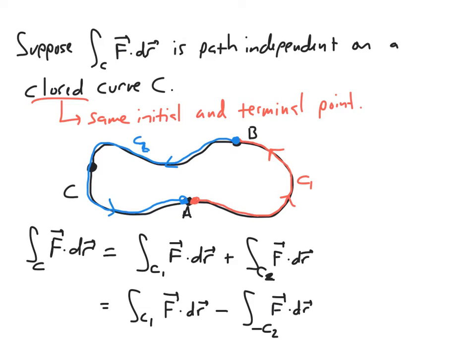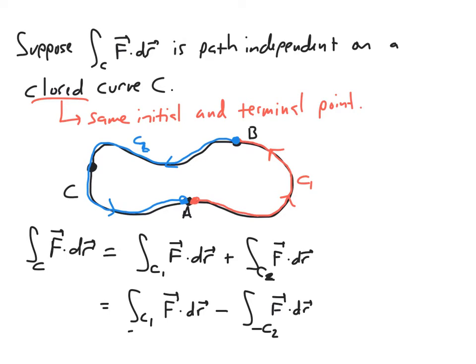Right? Well, now notice if we have negative C2 and C1, those are both curves from A to B. And we have an integral here which is path independent, which means we don't really care about the path that we take to go from A to B. This line integral is just determined by those 2 endpoints.